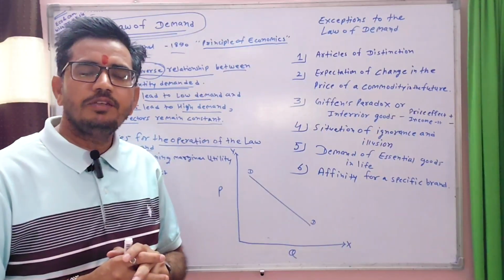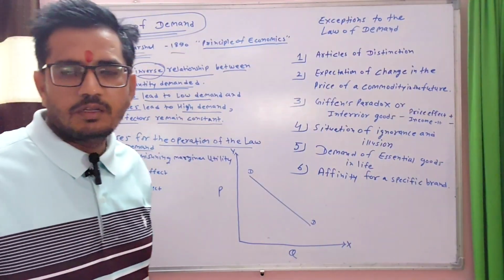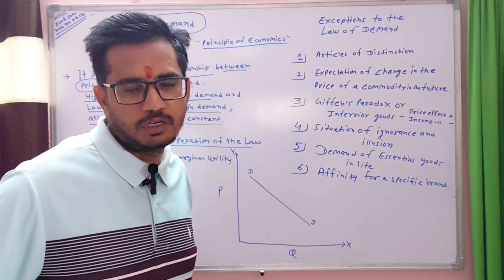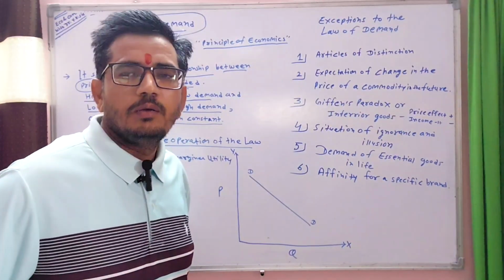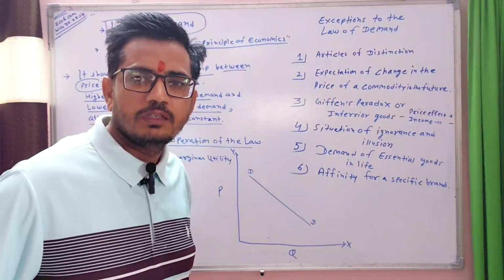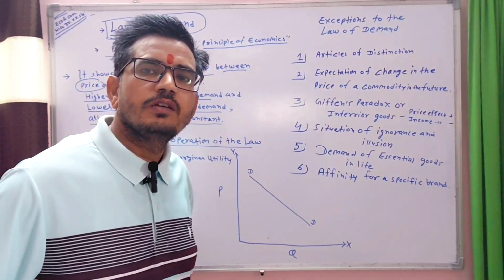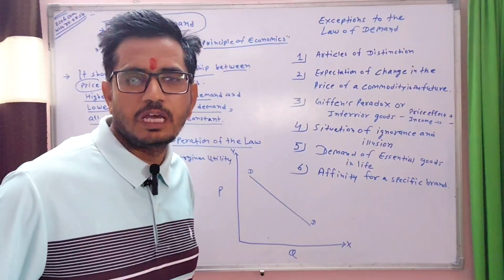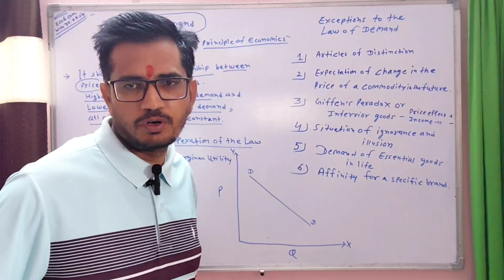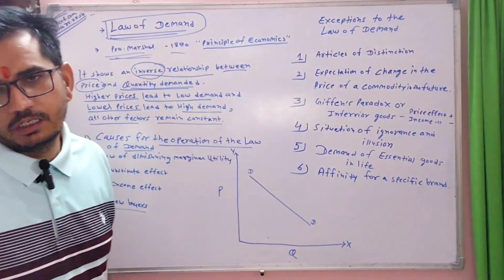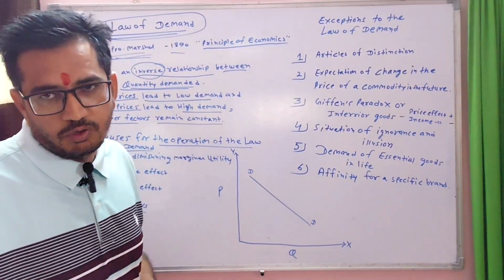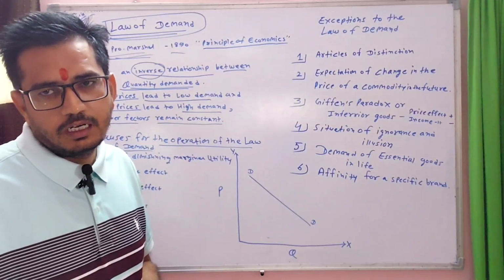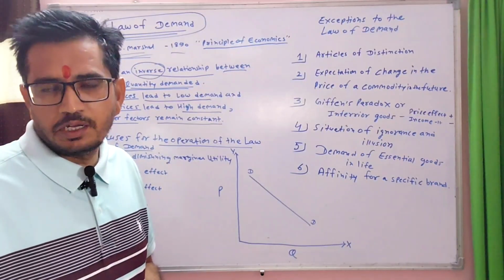Another is expectation. Any type of future price expectation should not be there, like prices will be decreased or prices will be increased. This type of expectation should not be in this rule. That is what we call other things, ceteris paribus.